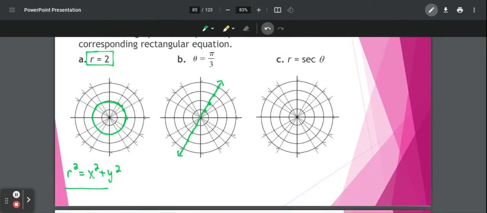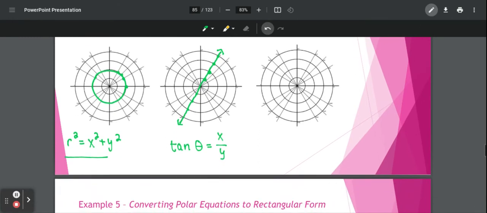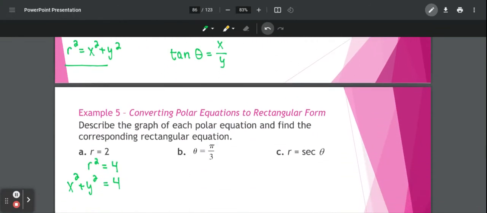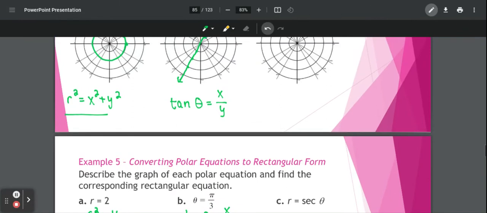So to convert this one, we have a theta, so we're going to use our equation with theta. Remember, tangent of theta equals x over y. But they gave us theta, so let's go down to this next slide here. If we're using the tangent of theta equals x over y, then the inverse tangent of x over y has to equal theta. And do we know what theta equals?